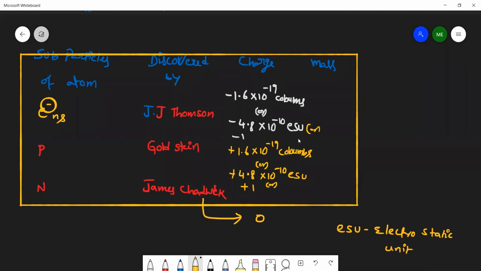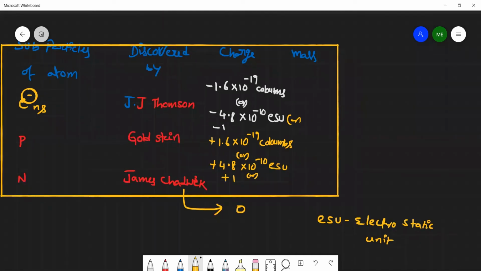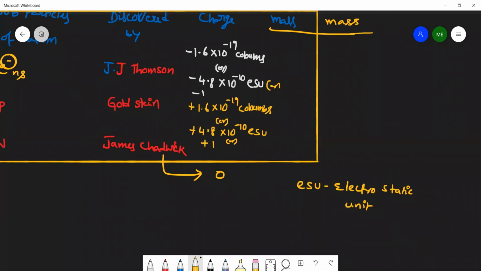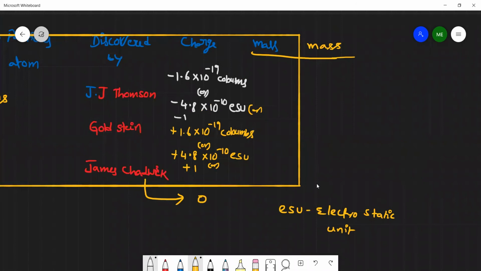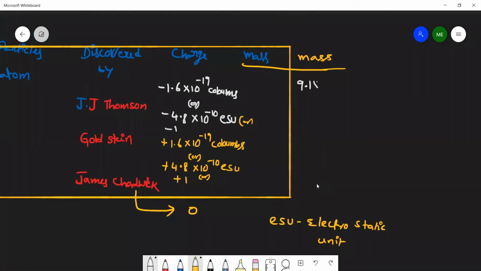Then we'll go for the mass. I am writing here. The mass of the electron is 9.1 into 10 to the power of minus 31 kg. In grams it is 9.1 into 10 to the power of minus 28 gram.